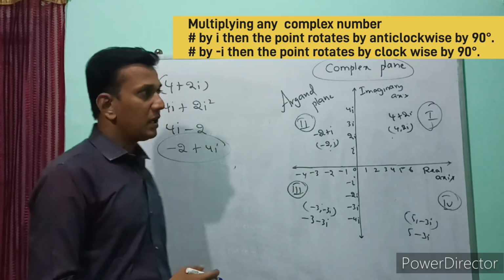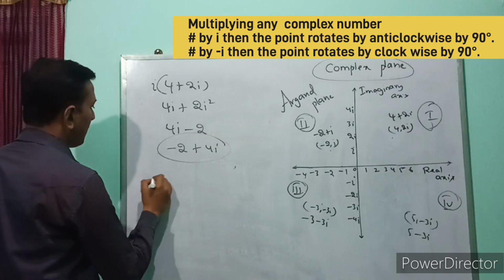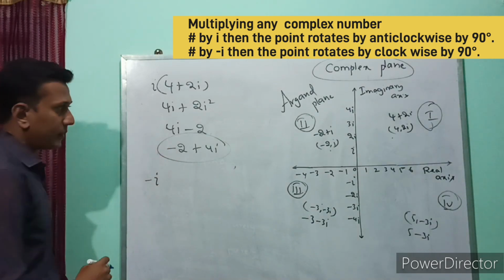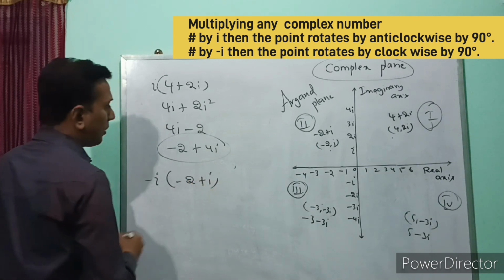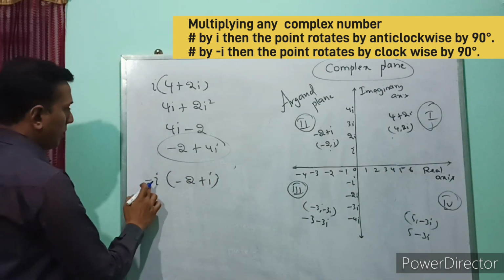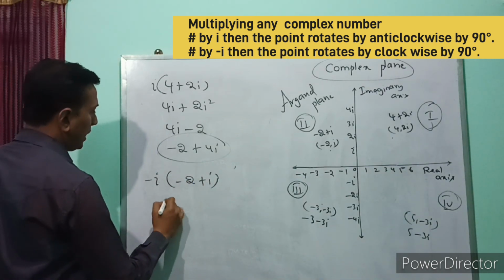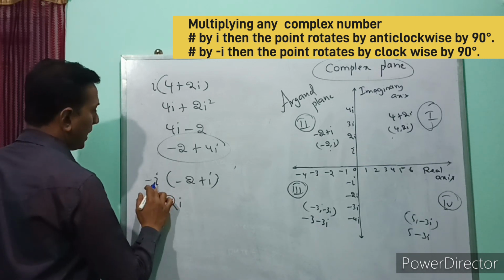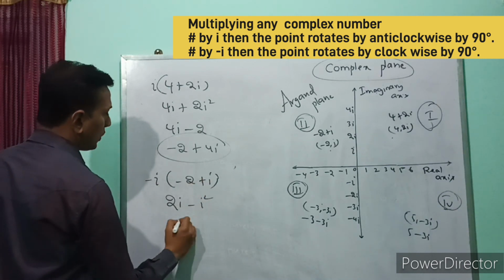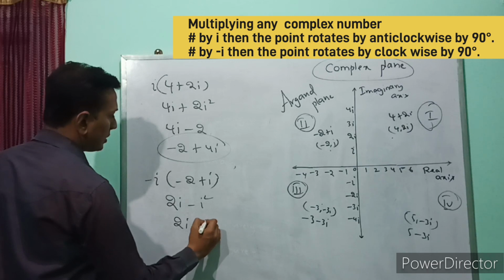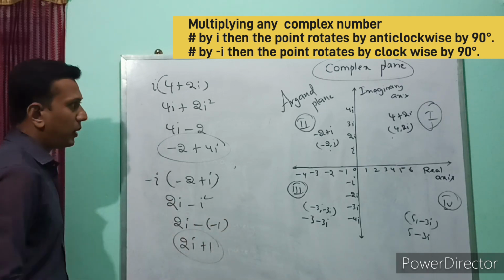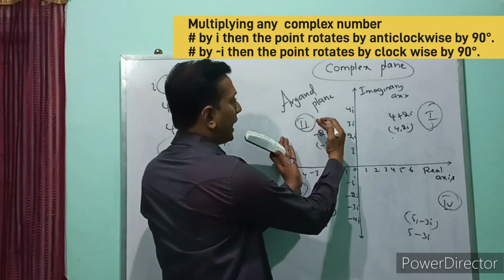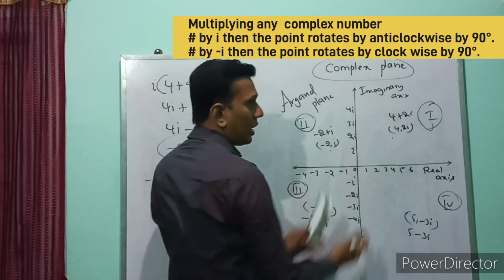by 90 degrees. Suppose I multiply with minus i, say I am multiplying minus 2 plus i. Minus i into minus 2 is 2i, minus i into i is minus i square, so 2i minus i square, and i square is minus 1, so 2i plus 1. So both are positive. That means it will change to the first quadrant.